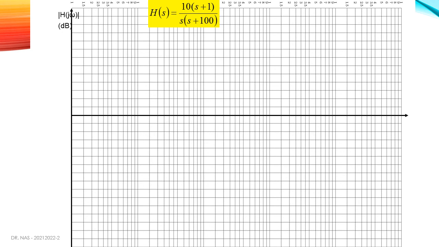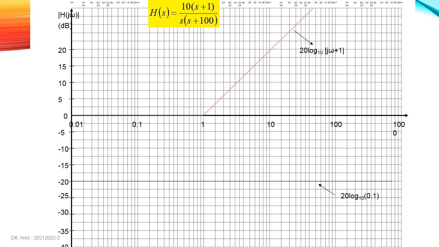Please complete the Bode plot sketch before you look at this drawing. First you have the constant, and then you have zeros at 1: the line is 0 before 1, and then positive 20 dB per decade from 1 onwards.